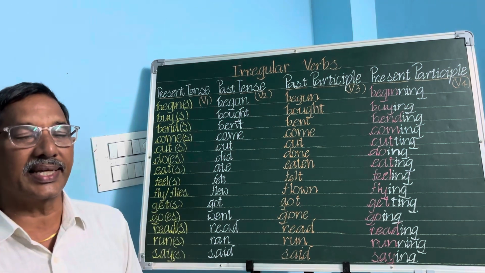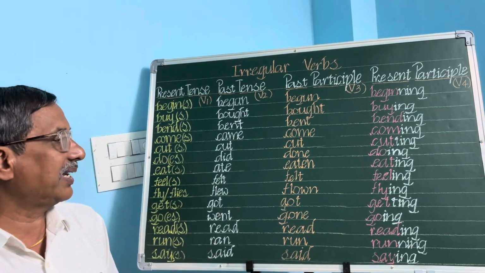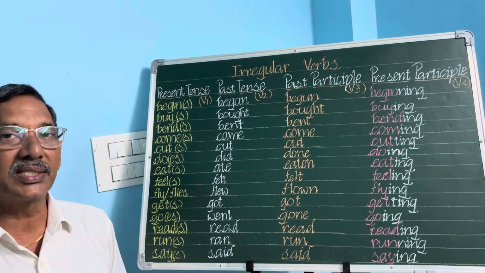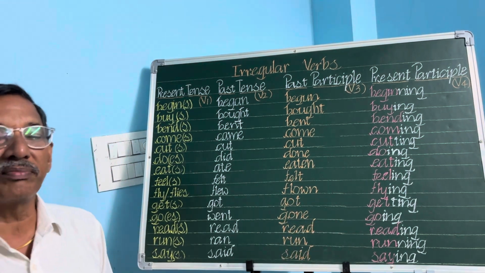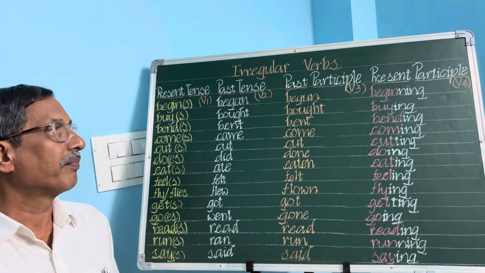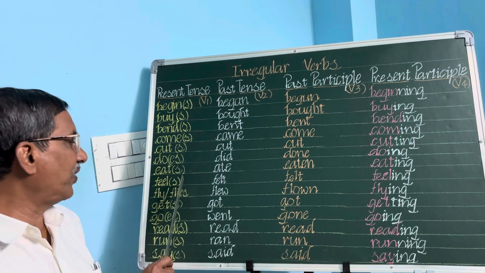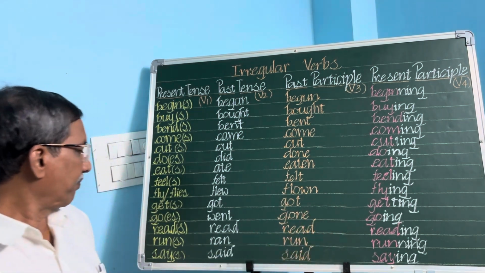Eat, eats. The past tense form is ate, and the past participle is eaten, and the present participle form, V4 form, is eating. And feel, feels, felt, feeling.